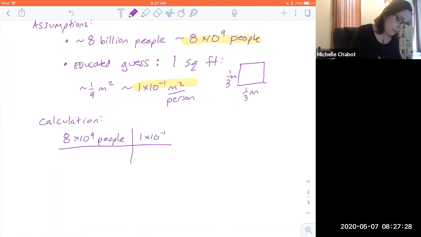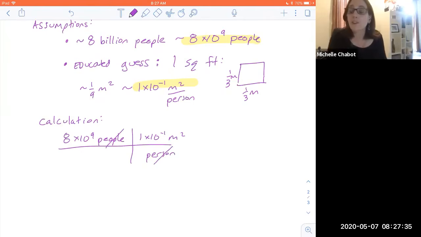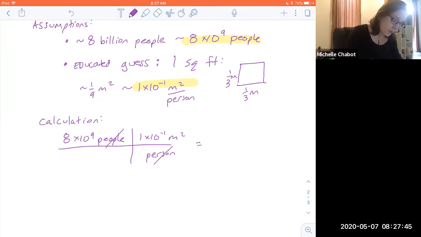So 1 times 10 to the minus 1 meters squared per person. So that lets me get rid of the person unit, and I'm left with meters squared. So 8 times 10 to the 9th times 1 times 10 to the minus 1 is simply going to be equal to 8 times 10 to the 8th meters squared.